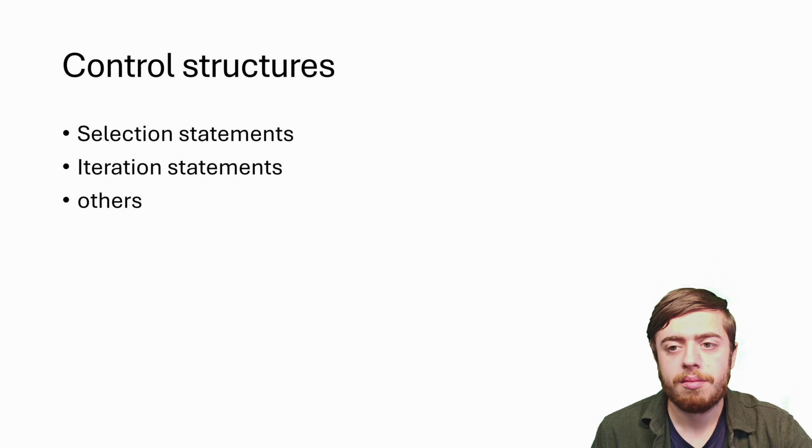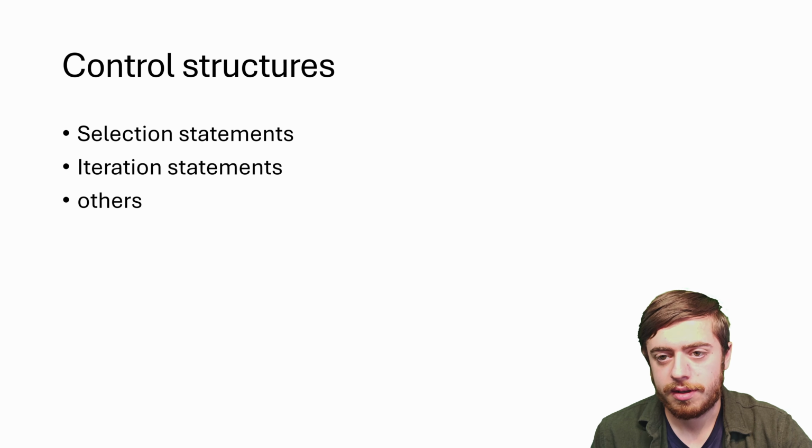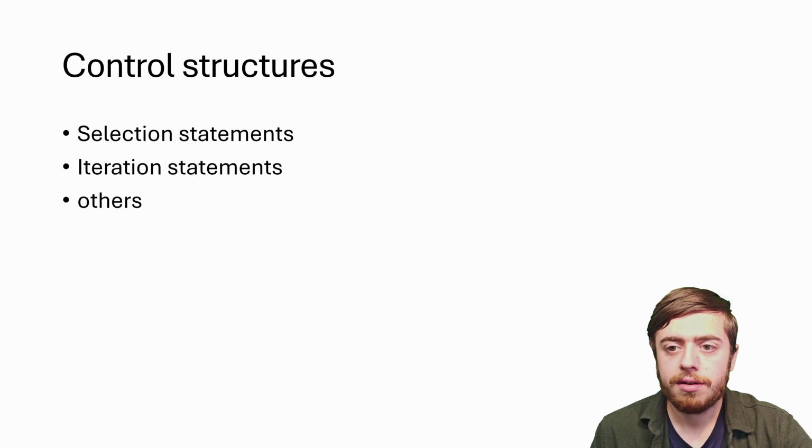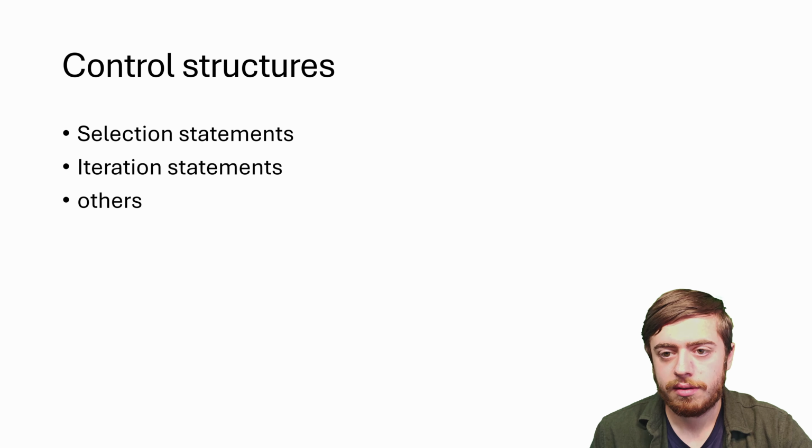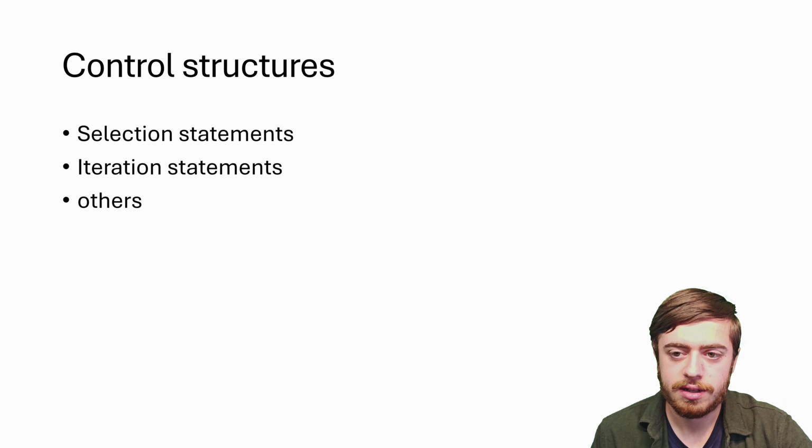Vala supports many modern control structures. For selection statements, Vala supports the if statement, the else statement, and the else if statement. It also supports the switch statement, which executes one or none of the clauses in it. Vala also supports while, do while, and foreach statements.